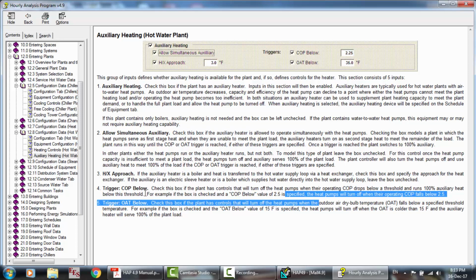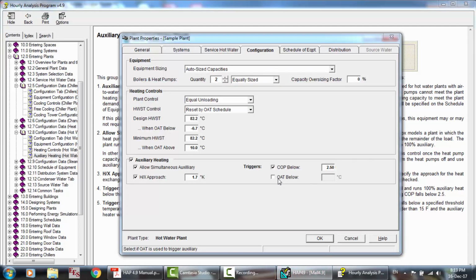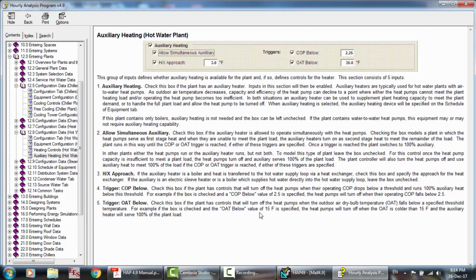So OAT, check this box if the plant has controls that will turn off the heat pumps when the outdoor air dry bulb temperature falls below a specified threshold temperature. For example, if the box is checked and we make this 15, specified, the heat pumps will turn off when the OAT is colder than 15F and auxiliary here will serve 100% of the load.